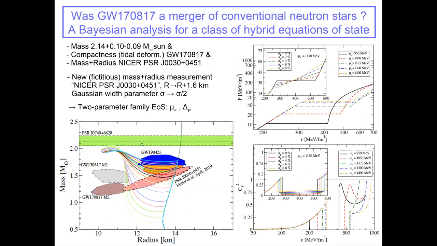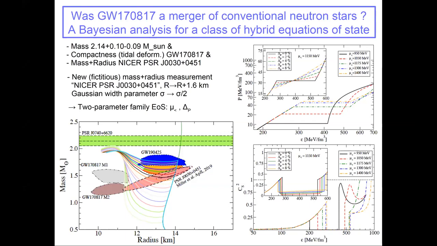So here on the left-hand side, we show the hybrid star configurations. They have third family branches, which describe hybrid stars with rather small radii, but well in accordance with constraints from the tidal deformability.